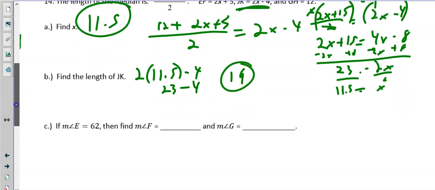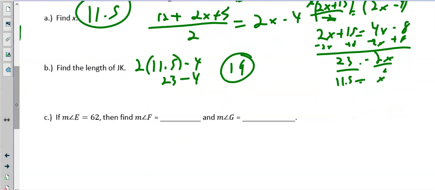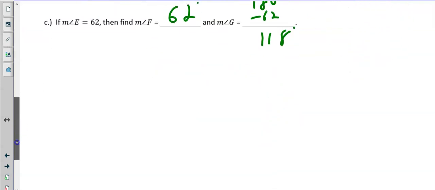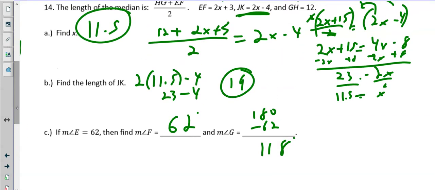All right. If the measure of angle E is 62, what's the measure of angle F? Well, the base angles are equal, so that's also going to be 62 degrees. G, which is a consecutive, is going to be 180 minus 62, which is 118 degrees. Okay? In a trapezoid, it's not opposite angles are equal, its base angles are equal.